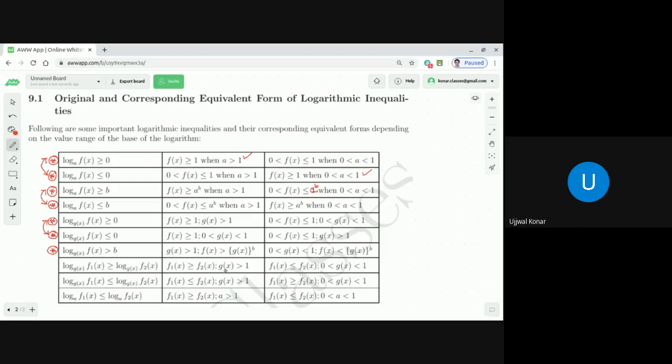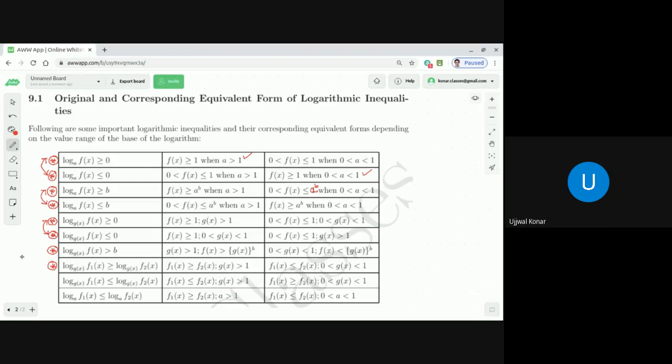This implies f1x greater than equal to f2x when gx is greater than 1, and f1x less than equal to f2x when gx is in between 0 and 1. This is the point we have discussed now.